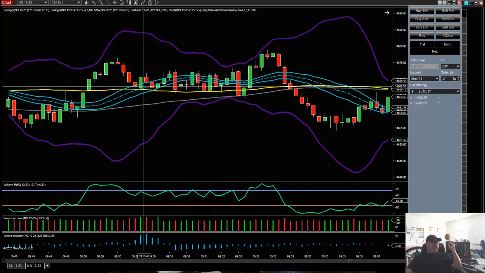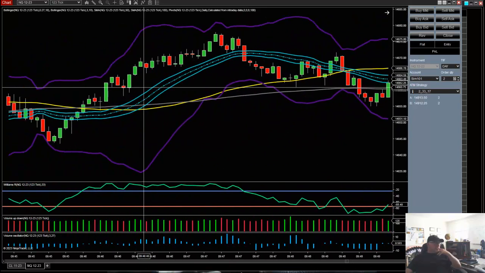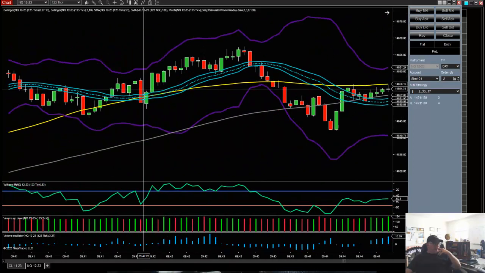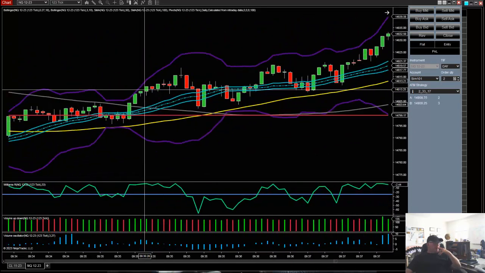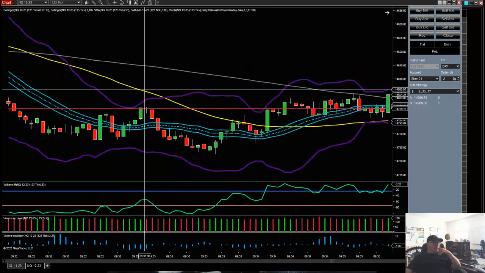Alright, scrolling back to that 931 area, right? 930 to 931. See what the Tiger chart was showing me at that point in time.